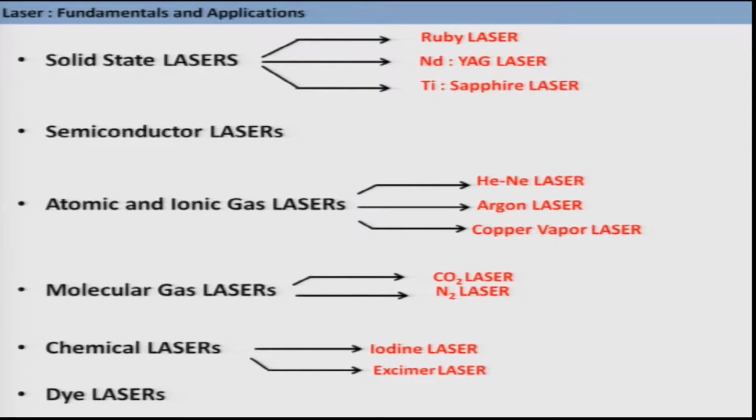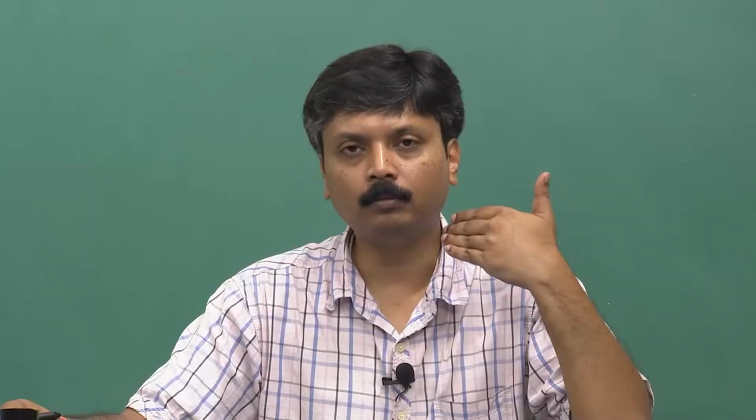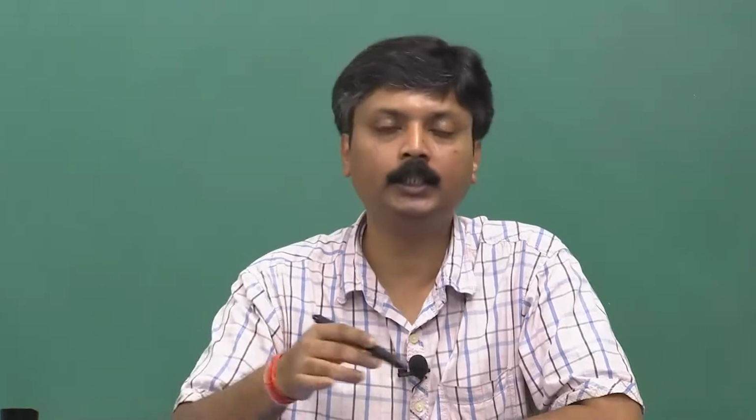For example, the dye laser: it is not very fair to call it a liquid medium, but the host medium for the dye molecules, which provide the states for laser action, is a solvent which is liquid. So these are the basic categories of lasers that I have put together, but this is in no way limited by the categorization that we have done here.